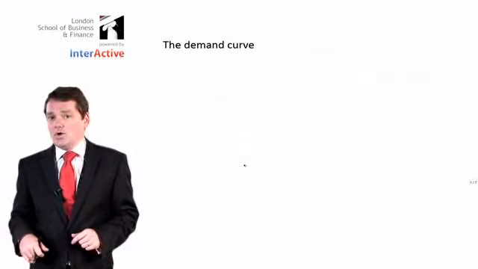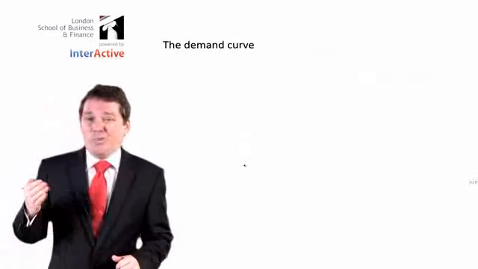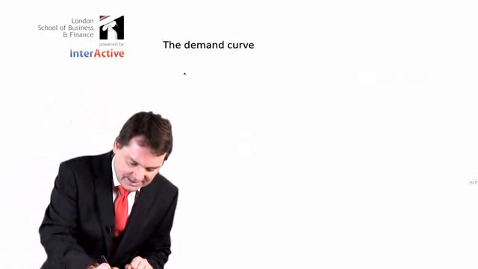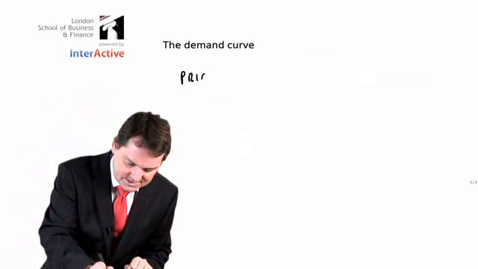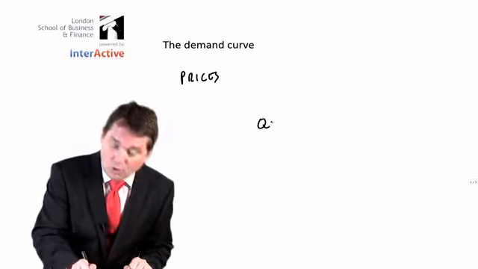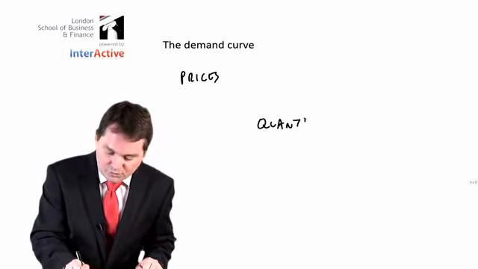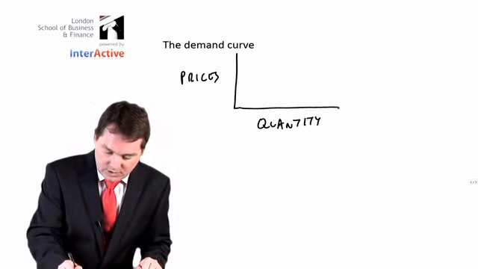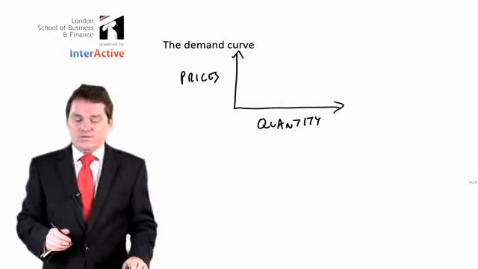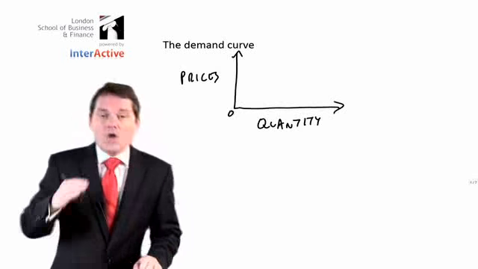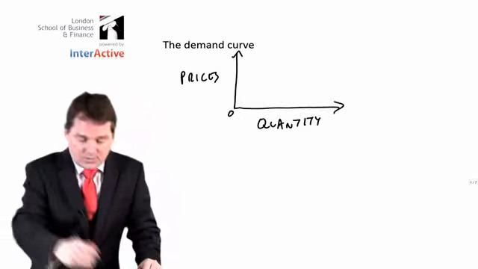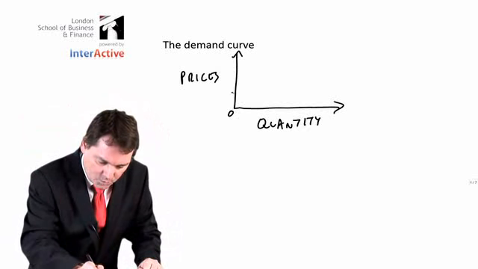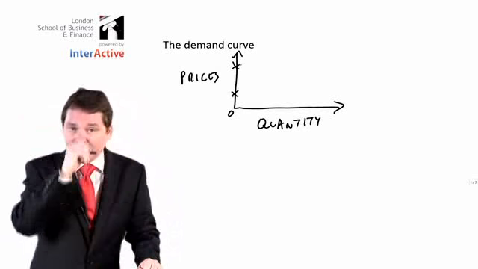The demand curve is basically what is the link between prices and the quantity of products which are required, which are demanded. Now, normally the way we do this is the higher up you go, the higher the price. So this is a low price, this is a high price.